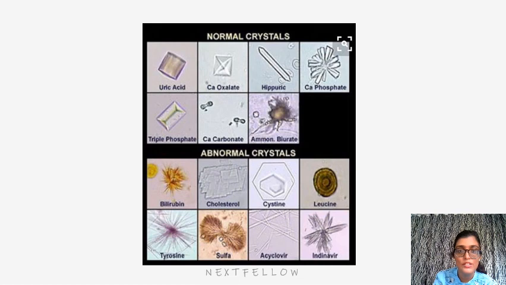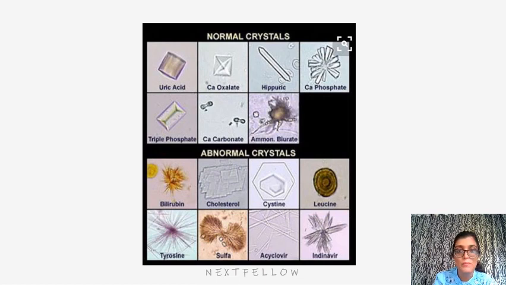So these are the different types of normal and abnormal crystals. The abnormal crystals are bilirubin, cholesterol, cystine, leucine, tyrosine, sulfa, acyclovir, indinavir. You have to remember the pictographic representation of all these, since the number of image-based questions is increasing.